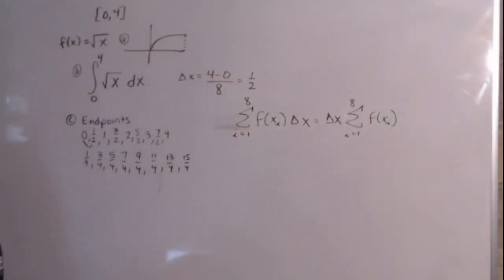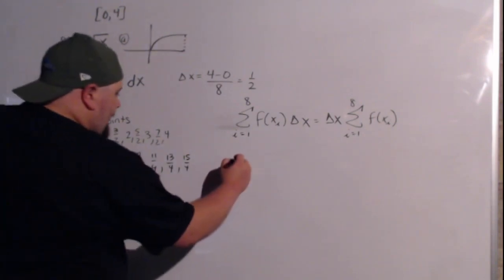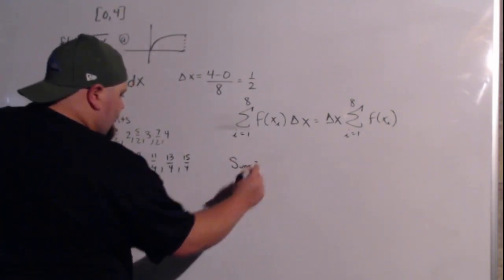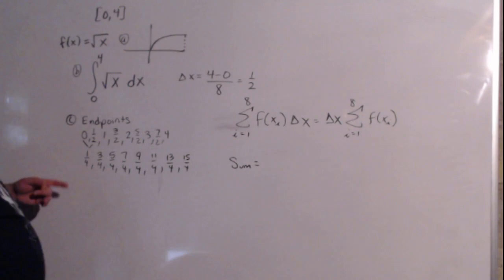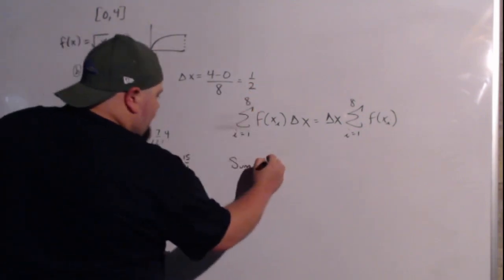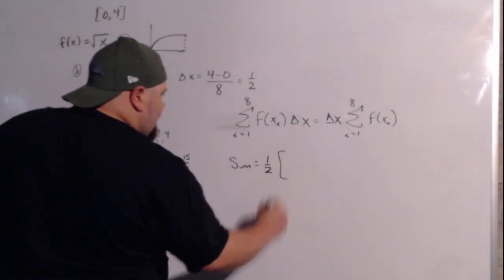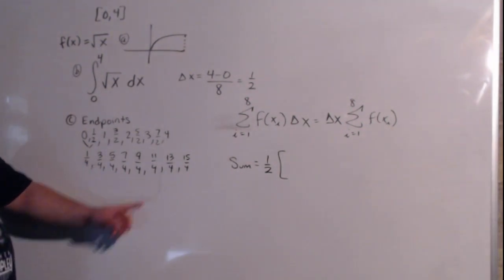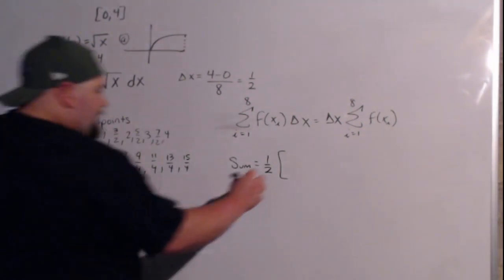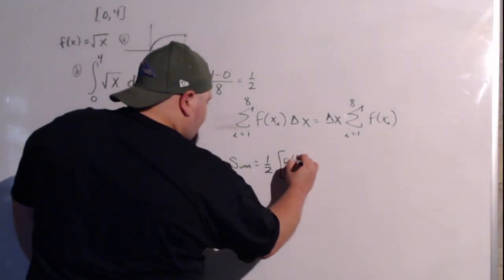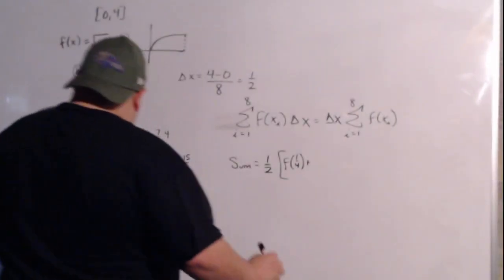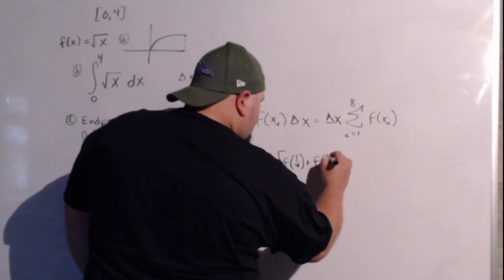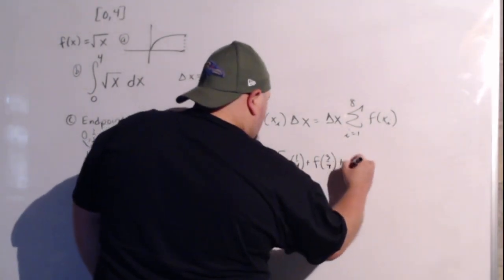So the Riemann sum for this one is delta x, which is 1/2, times the function evaluated at all of these midpoints. So I need the function evaluated at 1/4, at 3/4, and so on.